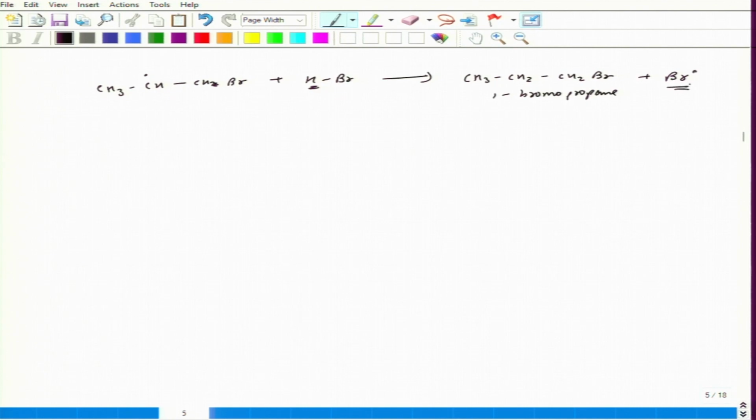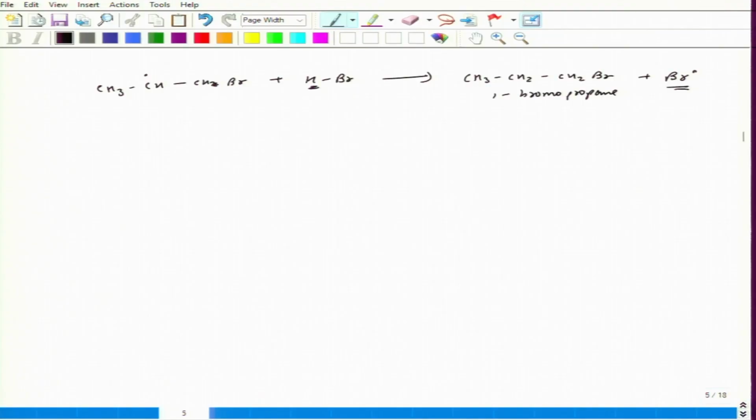Again this bromide radical has been left out, and it can be used again and again by other alkene moieties. So, that is how this step continues, and this is known as the propagation step.